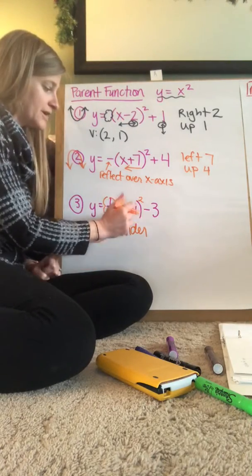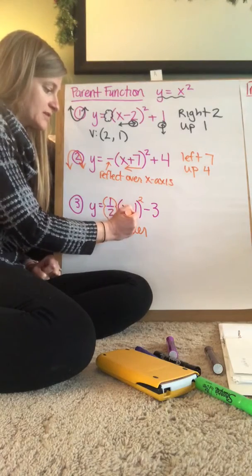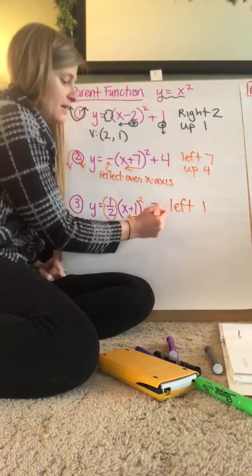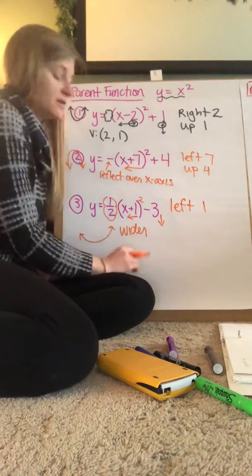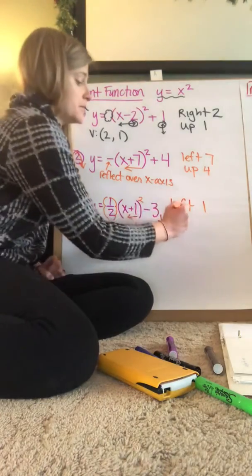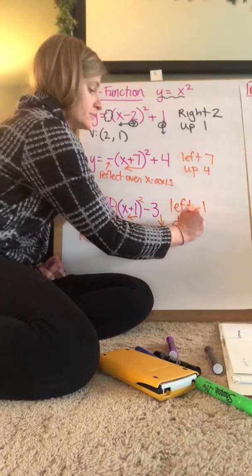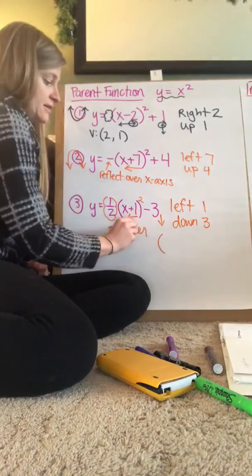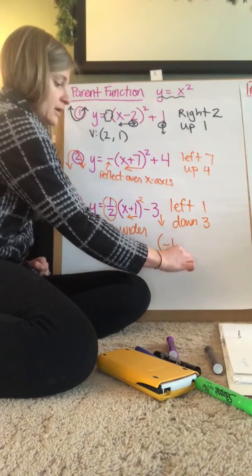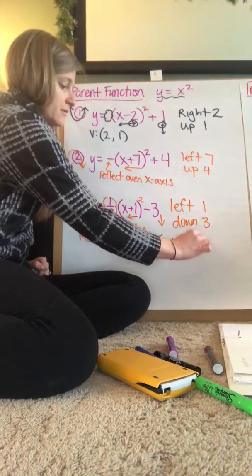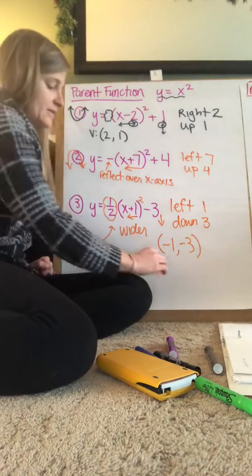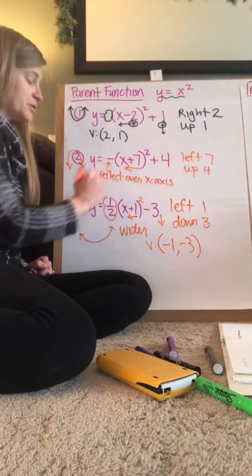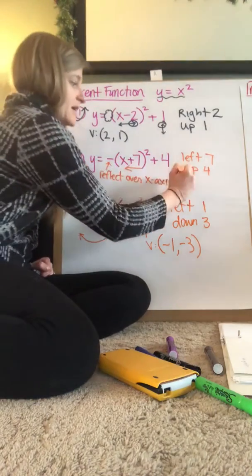This plus 1 inside shifts to the left 1 unit, and minus 3 at the end shifts it down 3 units. Its vertex is at -1, comma, -3. Okay, that's its vertex. This guy, problem number 2's vertex, was at -7, comma, +4.